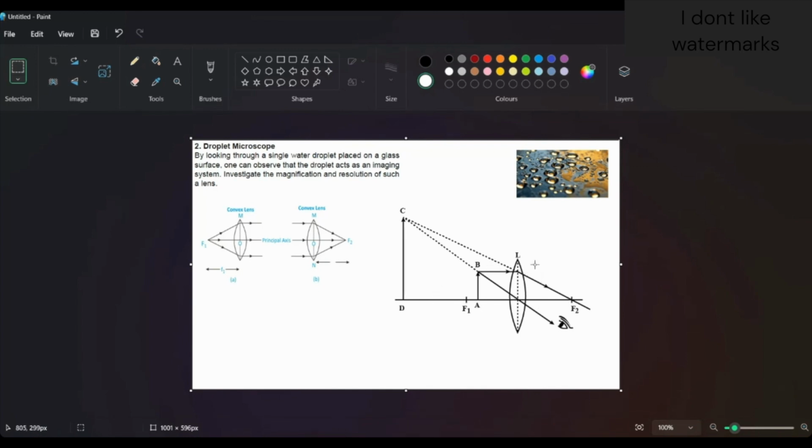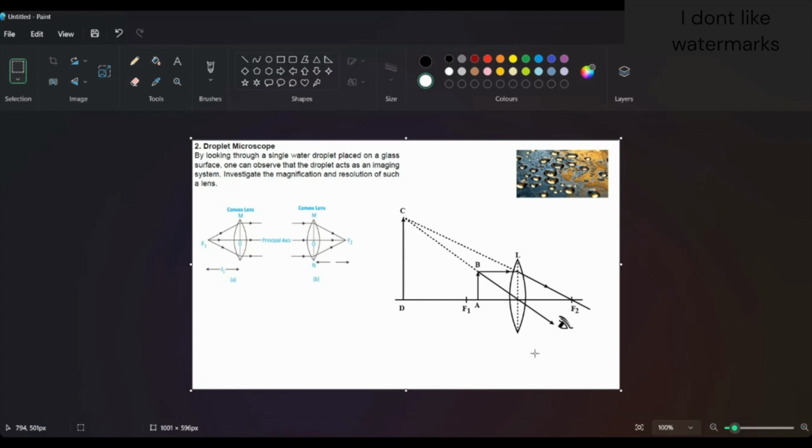Now that we understand that, we can understand how the convex lens or the water droplet acts as a magnifier. This is the same application seen in a magnifying glass. Let's say we're trying to read something in the newspaper, but the print is too small.